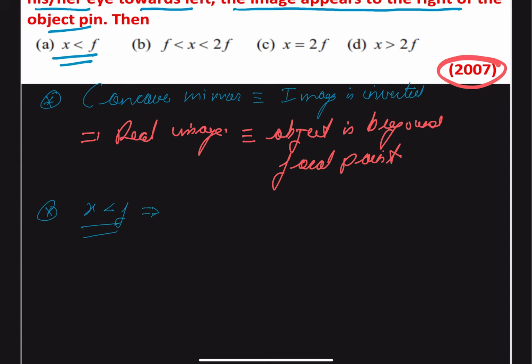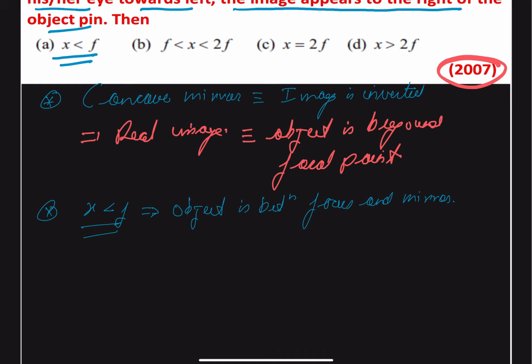Under this condition, the object is between the focus and the mirror, and the concave mirror is going to form a virtual, erect and magnified image behind the mirror.